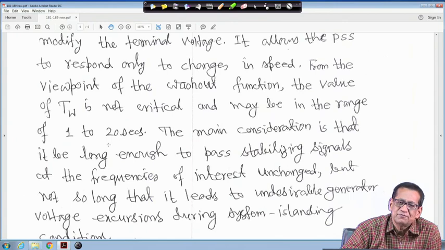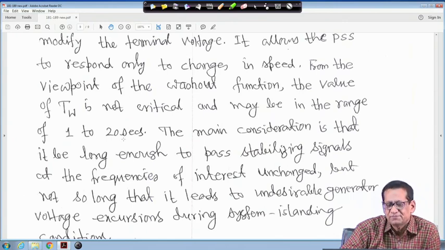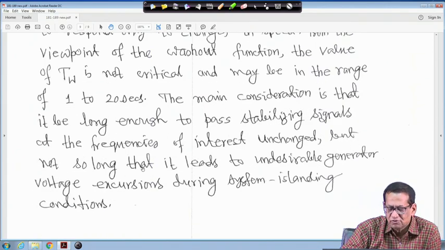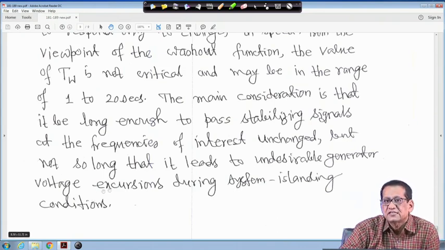Even below 10 you will not find much effect on the dynamic performance. The main consideration is that it be long enough to pass stabilizing signals at the frequencies of interest unchanged, but not so long that it leads to undesirable generator voltage excursion during system islanding conditions.